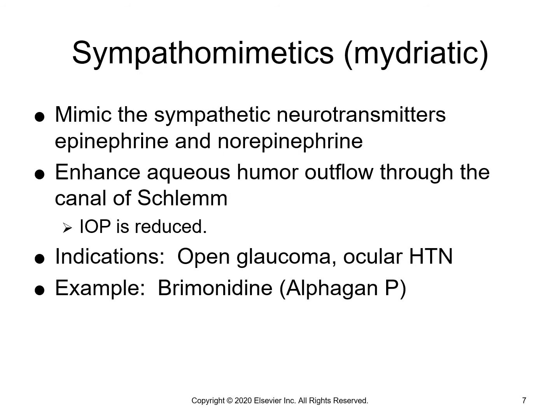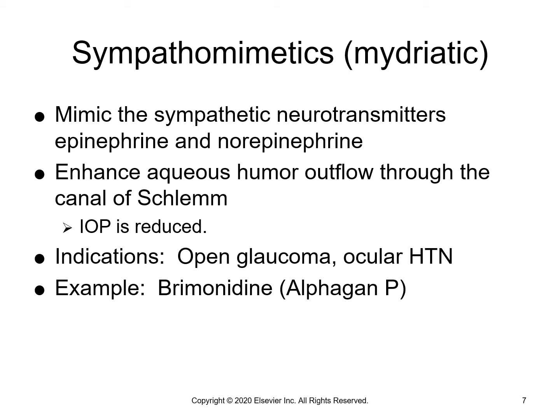So the sympathomimetics, exactly how the name sounds, they mimic the sympathetic nervous system, so those neurotransmitters, epinephrine and norepinephrine. They do enhance the aqueous humor outflow through the canal of Schlemm, therefore decreasing intraocular pressure.